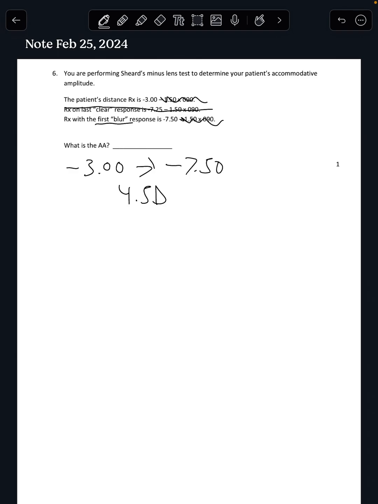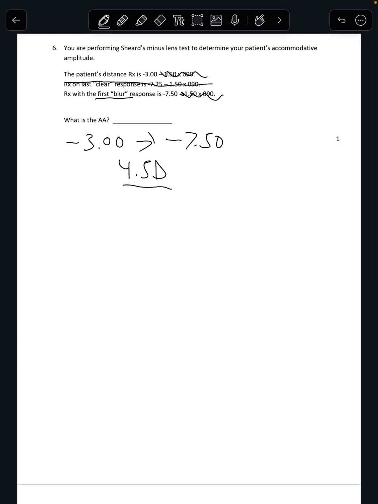And I don't want you to include any plus or minus signs when it comes to these because we're measuring accommodation, not refractive error. So we'll just measure it in diopters. The other thing is, whenever you're doing a Sheard's problem or Sheard's in real life, you're usually working at 40 centimeters. So the patient is already looking at a target that's 40 centimeters away, which has a dioptric demand of 2.5 diopters.